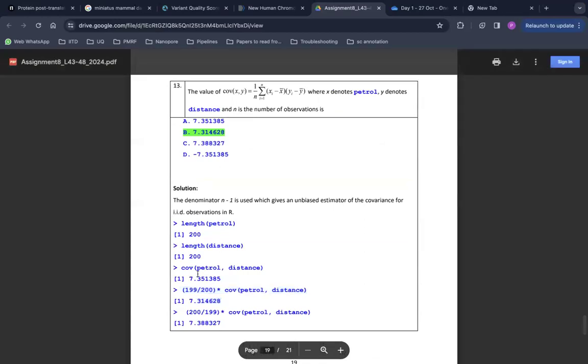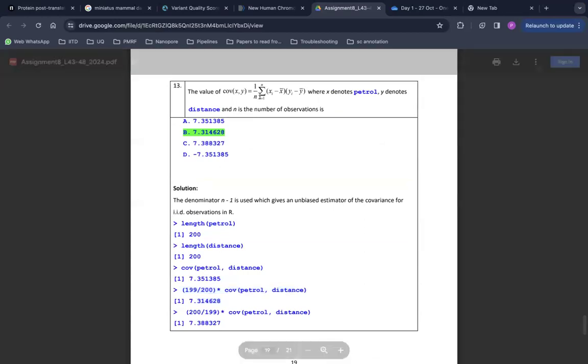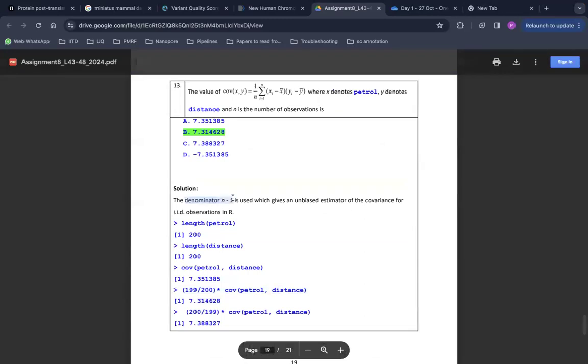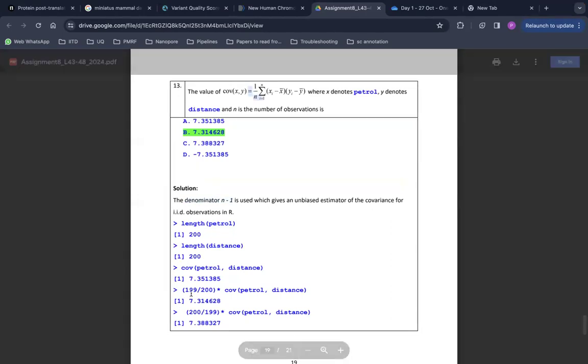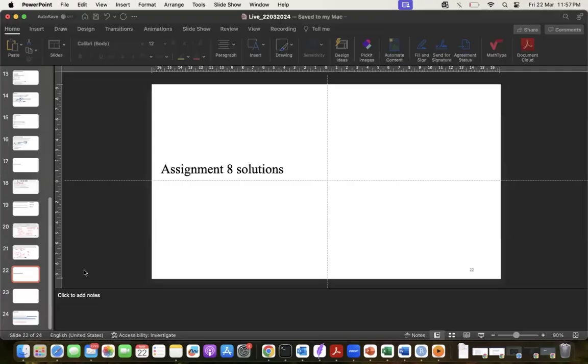Okay, so now if you remember again, covariance in R uses n minus 1 as the denominator, but we want to calculate with n. So we multiply it by n minus 1 and we divide by n. Simple maths. This was discussed last week. I'll just explain it again.